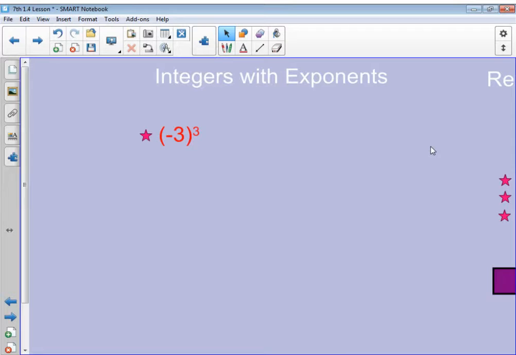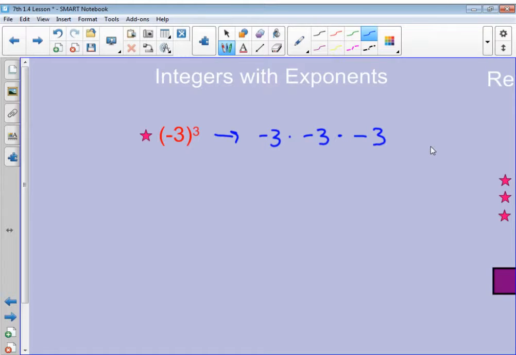If you have to, you can think of it like this: negative 3 times itself 3 times. Now if I count my negatives, there's 1, 2, 3. So 3 negatives tells me it's going to be a negative answer. And now I just think 3 times 3 times 3, which is 27.